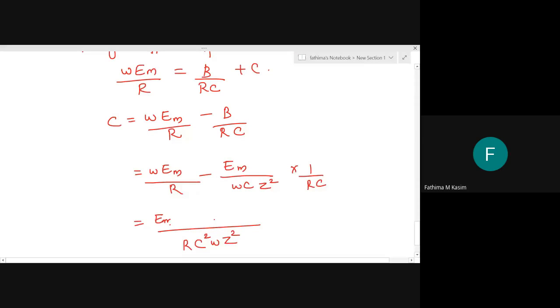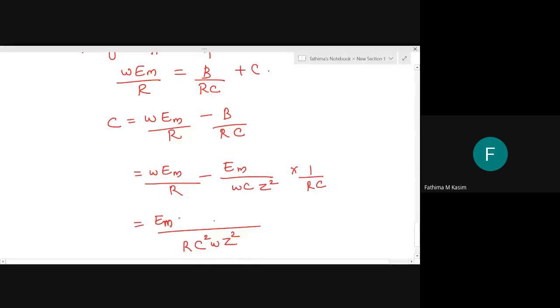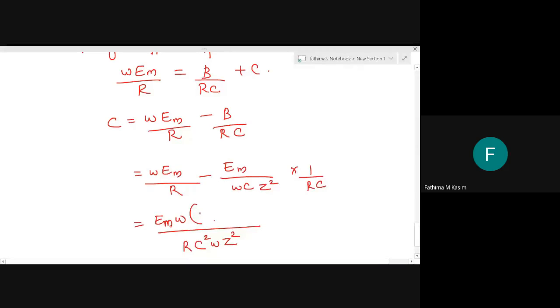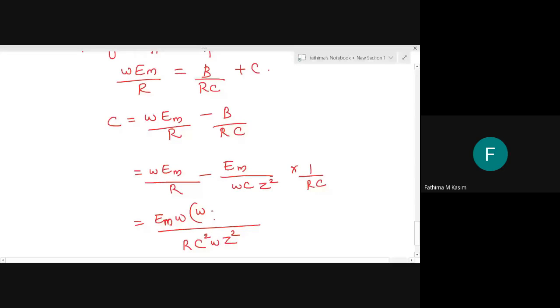So this is EM omega into omega C square Z square, minus EM divided by R C square Z square omega.